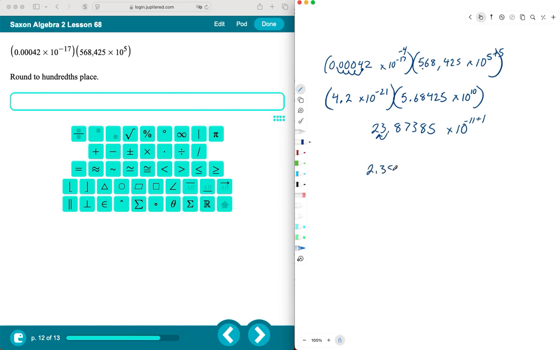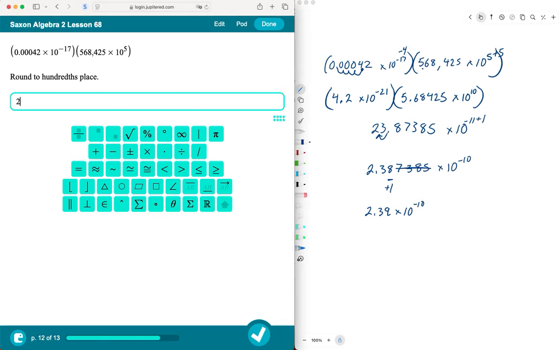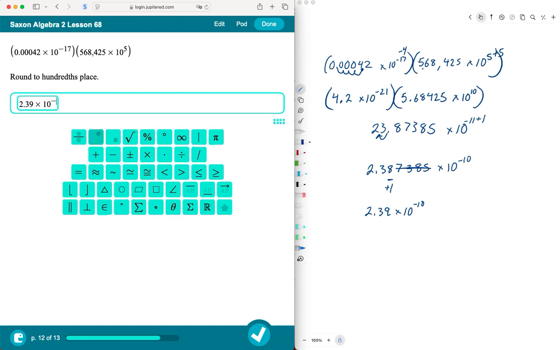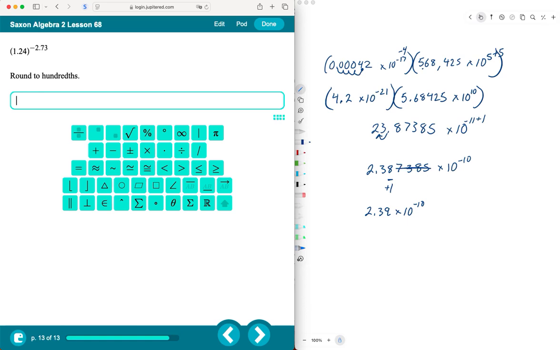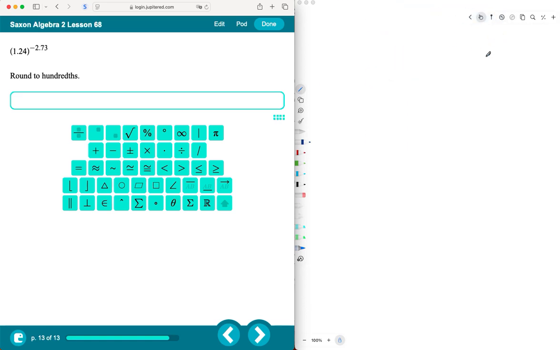So 2.387385 times 10 to the negative 10. Round to the hundredths, that's going to be right here. 7 is more than 4, so I add 1. So 2.39 times 10 to the negative 10 is my answer. So 2.39 times 10 to the negative 10 is correct.